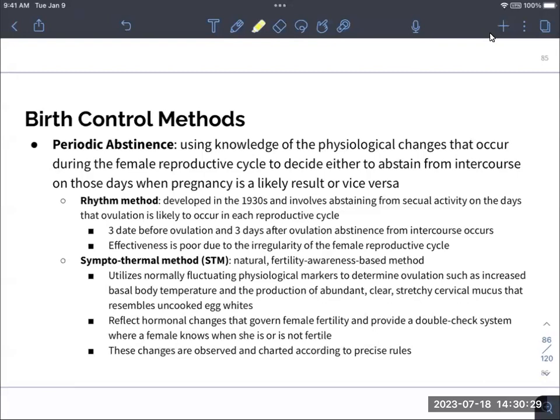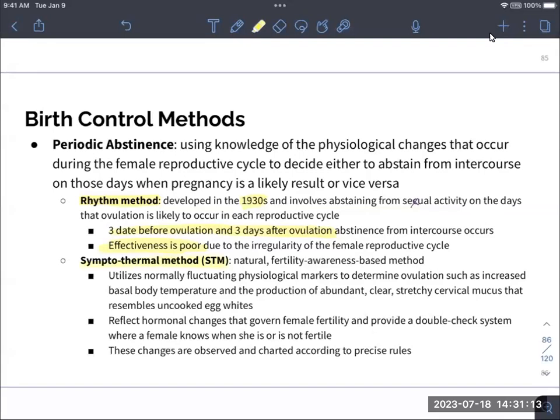The rhythm method was developed in the 1930s, and it's abstaining from sexual intercourse on days specifically when ovulation is likely to happen, so 3 days before ovulation and 3 days after. It's a very poor effectiveness because female reproductive cycles are so irregular. It's very rare to find a female's reproductive cycle that is spot on the same every single month.